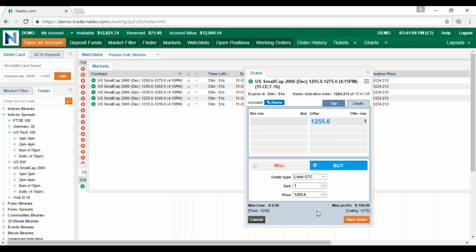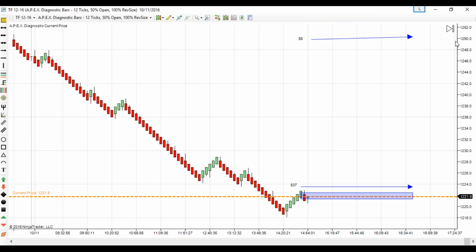I love those odds. Let's do it. Where are you buying this spread at? 1255. Where's the market? 1224. Back to the chart. 1255. See the price here? Does everybody see that?